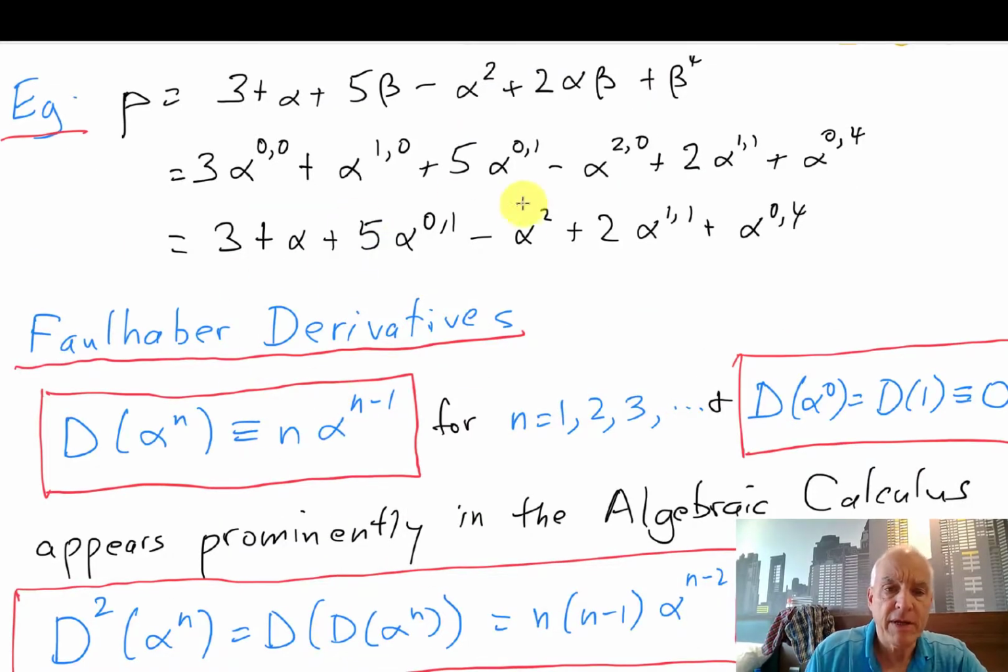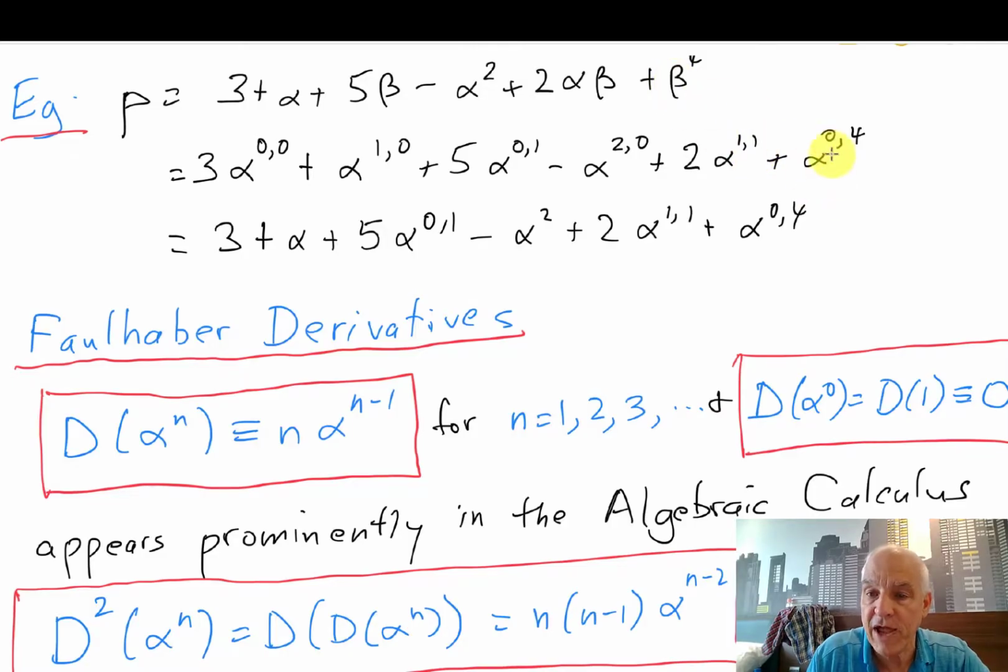So, for example, this polynumber that we talked about before, we can now rewrite it as 3 times, strictly speaking, alpha 0 comma 0, plus the alpha is really alpha 1 comma 0, the beta is alpha 0 comma 1, this alpha squared is alpha 2 comma 0, this alpha multiplied by beta is just alpha 1 comma 1.